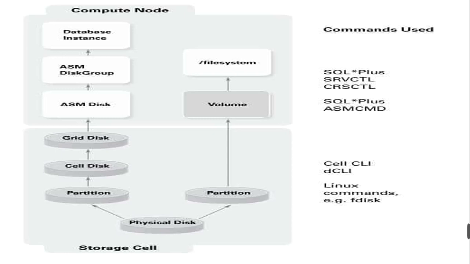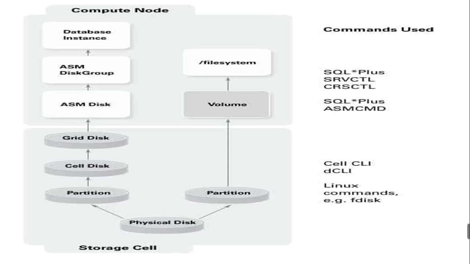Coming down to the storage level, you can use CellCLI: grid disk, cell disk, partition, physical disk. You can get this output from CellCLI, DCLI, and Linux commands like fdisk. So these are the commands used on the compute node and the storage cell.